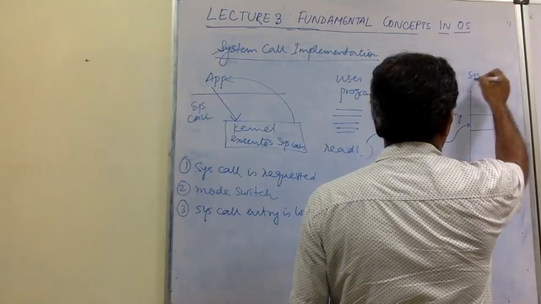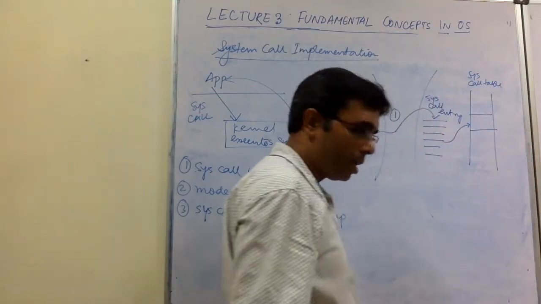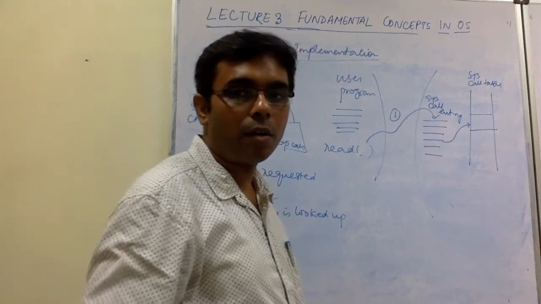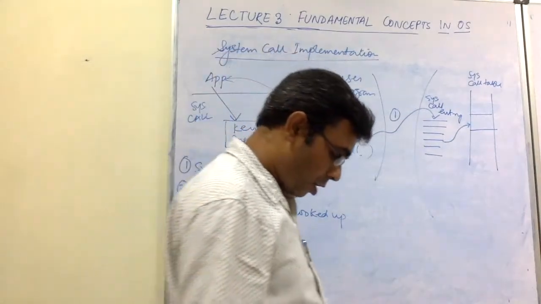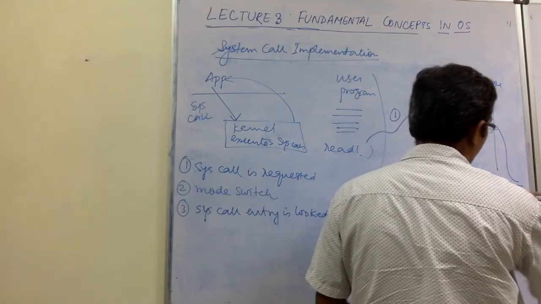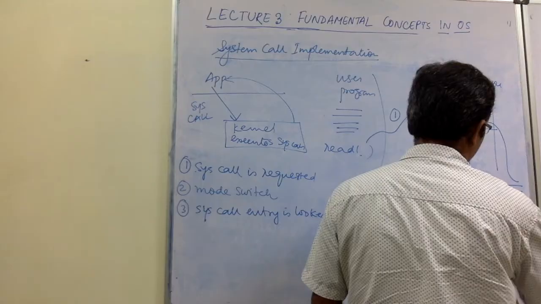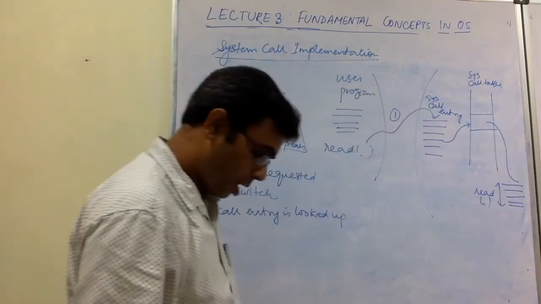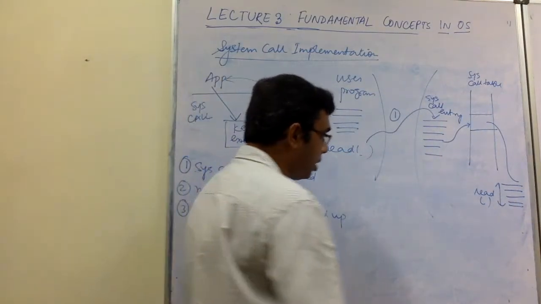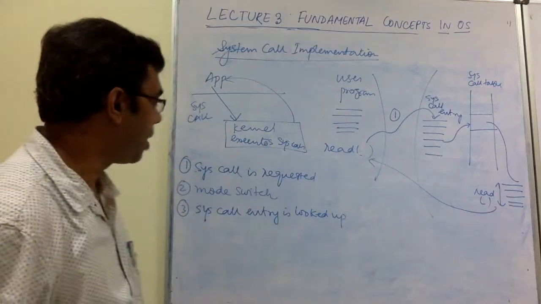This is the syscall table where the corresponding mapping is maintained, and once the entry is identified, it jumps to that corresponding code, the code that corresponds to this read system call, and once it is done, the result is finally sent back to the app.